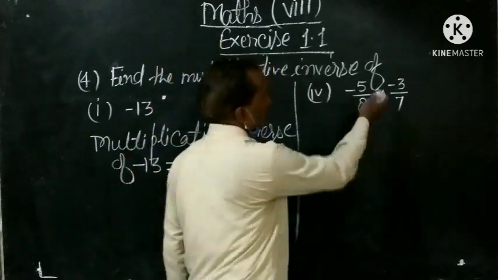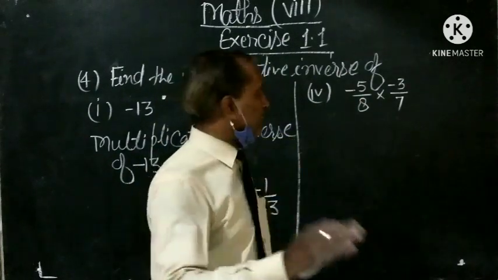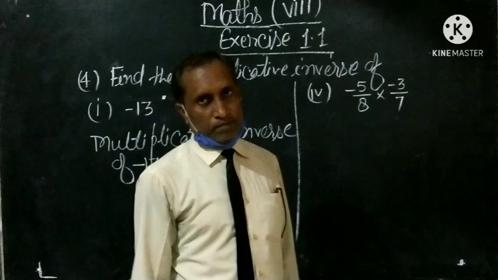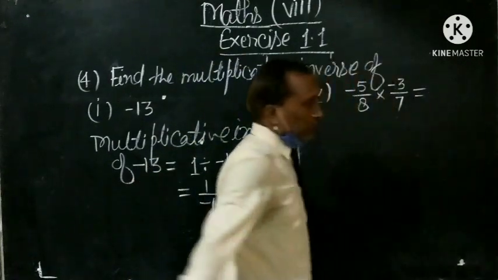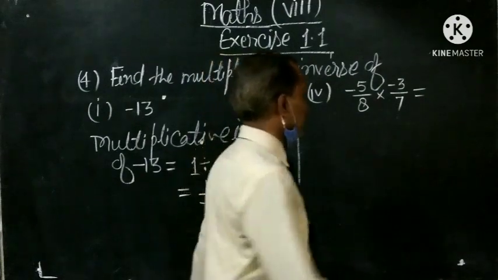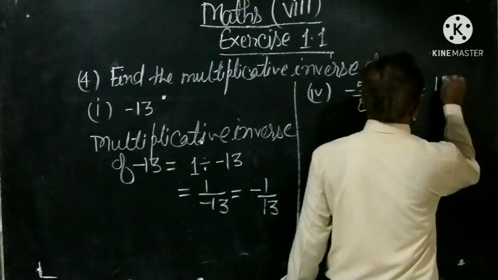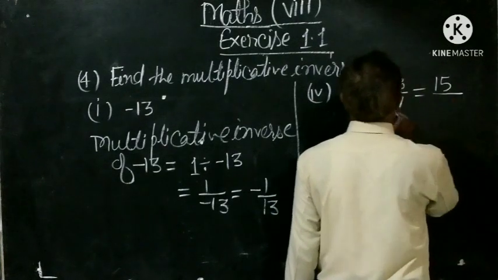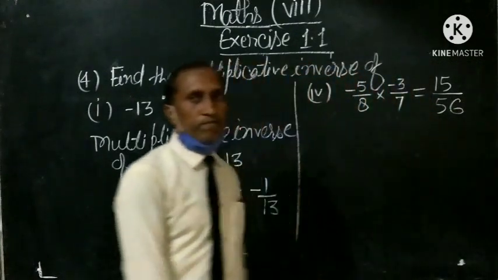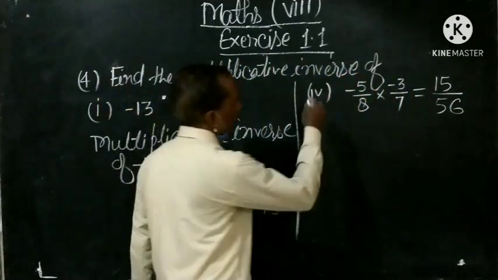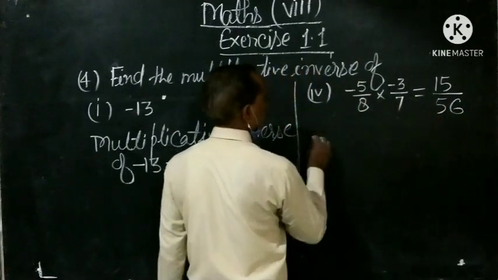When you multiply minus 13 into minus 1 upon 13, you get 1. Now, to find the multiplicative inverse of minus 5 upon 8 into minus 3 upon 7, first of all you multiply: 5 times 3 is 15, 8 times 7 is 56. Then you find the multiplicative inverse of 15 upon 56.